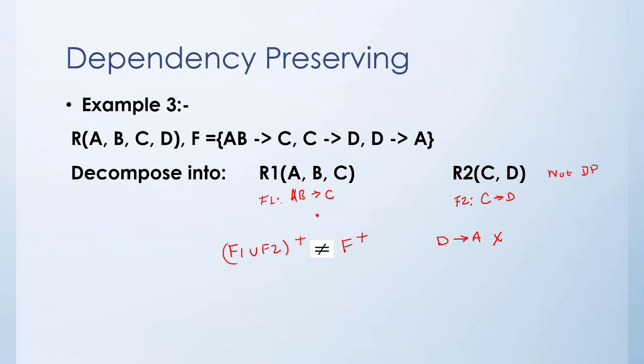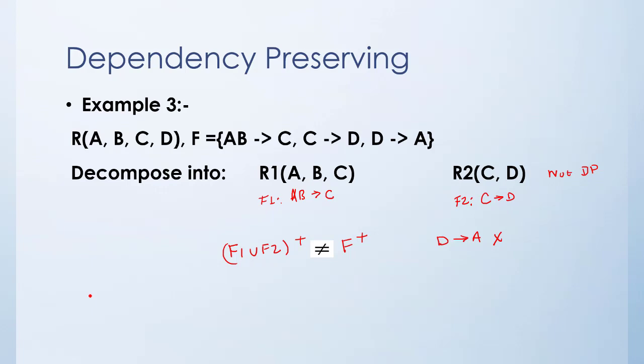And as I have already told you that this decomposition is in BCNF, from here we can conclude that BCNF does not ensure that the decomposition will be dependency preserving, whereas the third normal form or 3NF ensures that the decomposition will be dependency preserving.